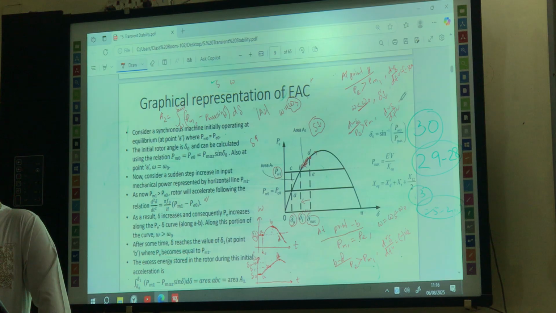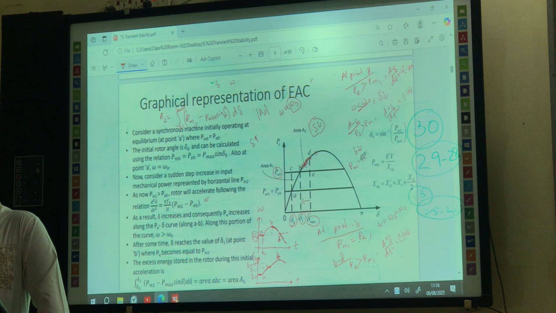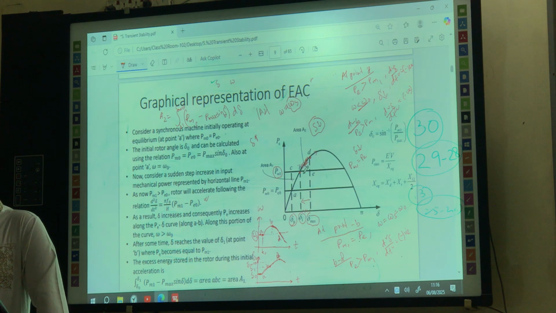That's why delta is decreasing. But at point B again, look at point B, this PM1 and this PE will be the same, right? Have you understood this thing? Again at this point, these two will be the same.